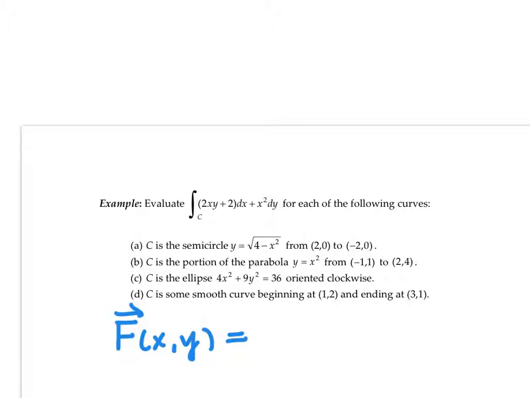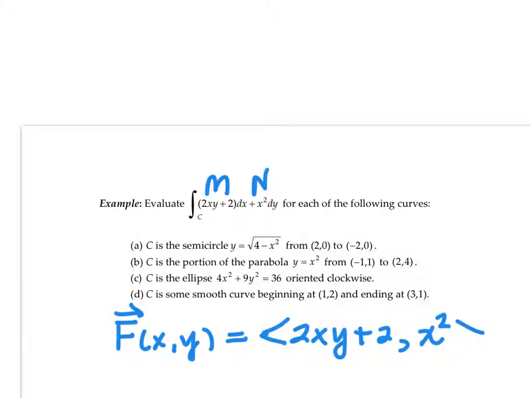The first component function is the function M of x, y equals 2xy plus 2, and N of x, y equals x squared. Now we're going to evaluate this line integral over 4 different curves.